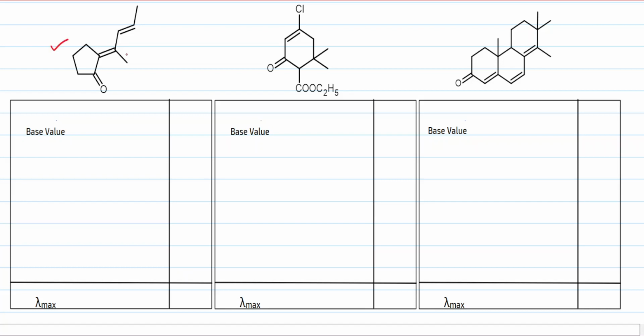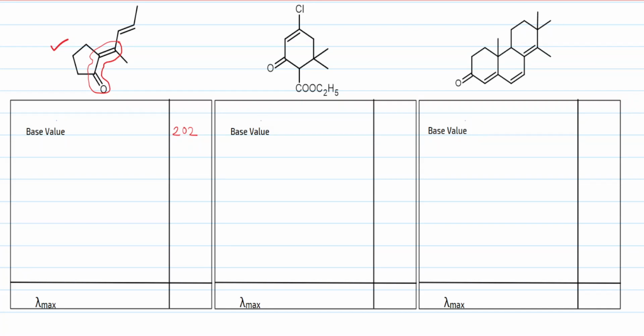In this example, this is the enone system. So carbon double bond oxygen and carbon double bond carbon, and it has a 5-membered ring, so it is the pentacyclic. For a pentacyclic enone system, the base value is 202 nanometer. Then an alpha substituent is present here.